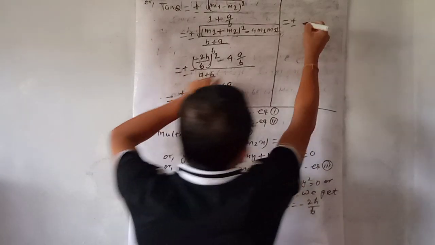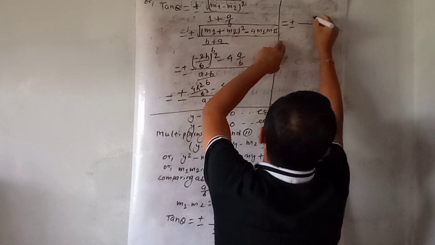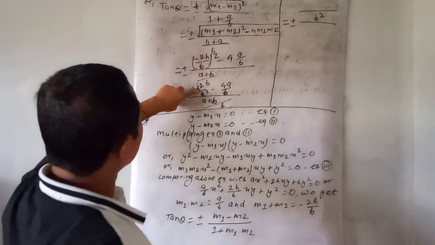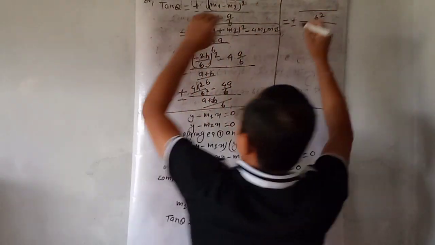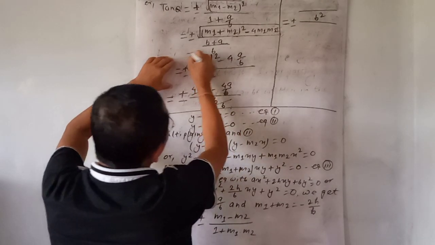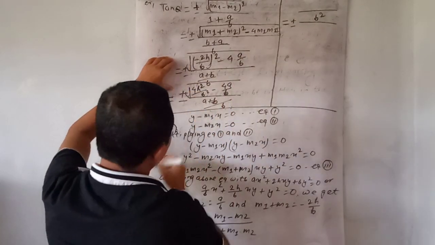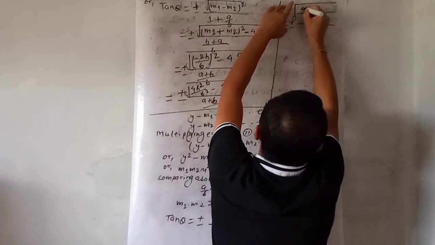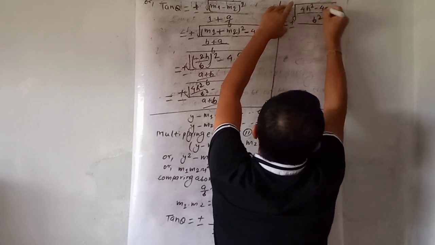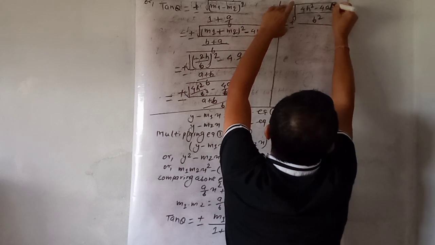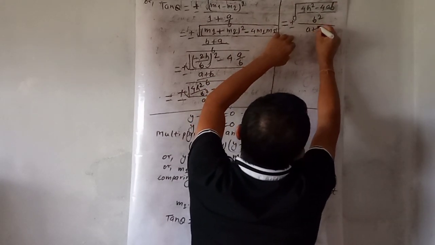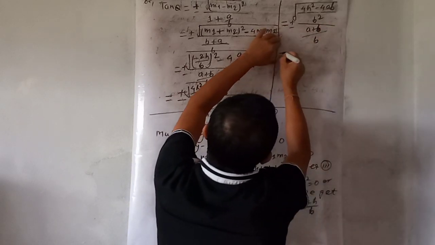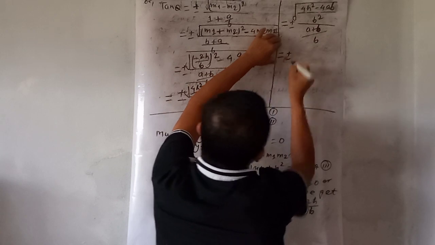When we take the LCM, it will be b square, and the upper part will be 4h square minus 4ab, all under the root, divided by a plus b by b, equal to plus minus.